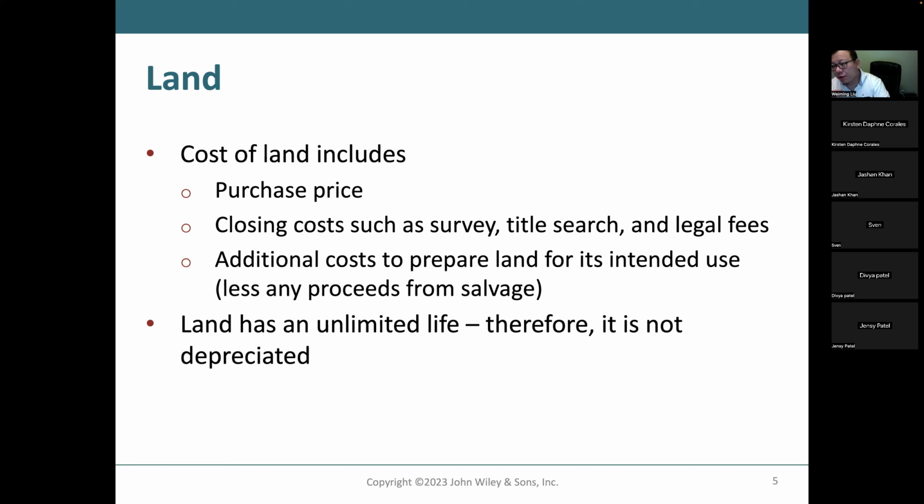In order to get the land ready for the construction of the new house, I had to take out all the trees. The landscaping, I needed to take everything out. Pave the land, right?